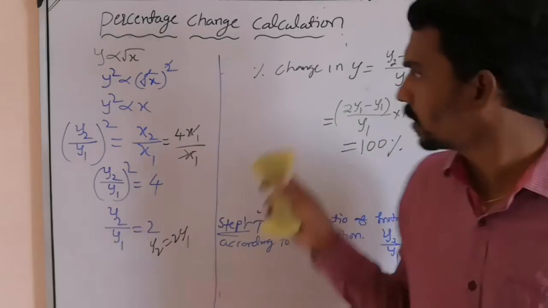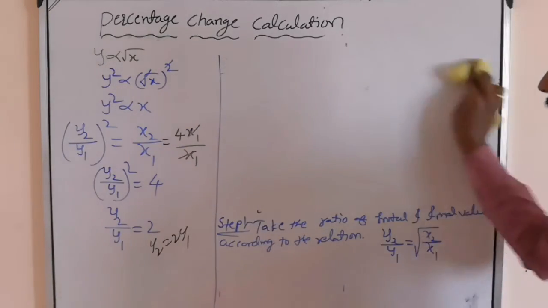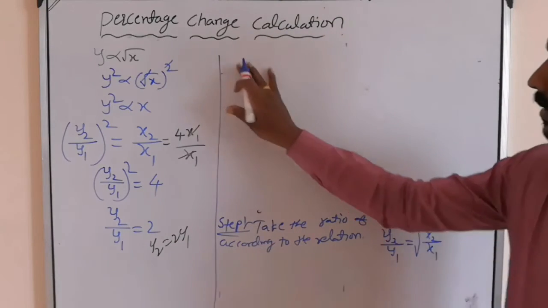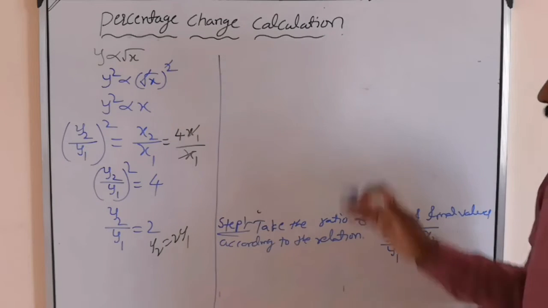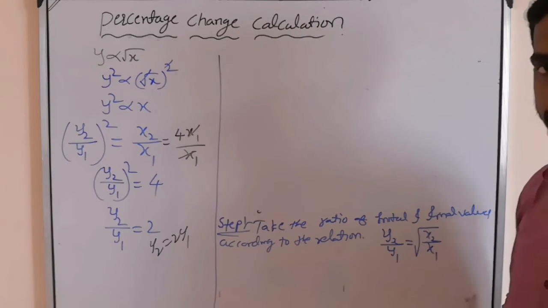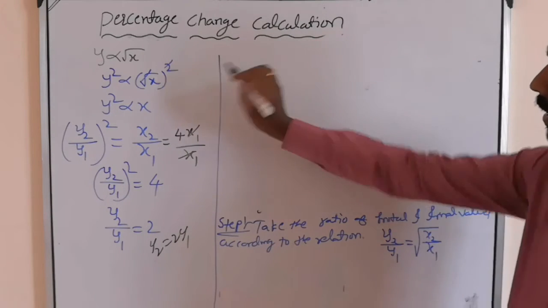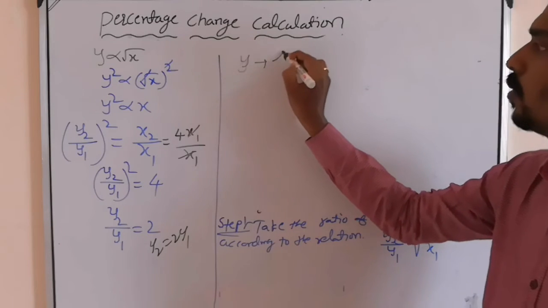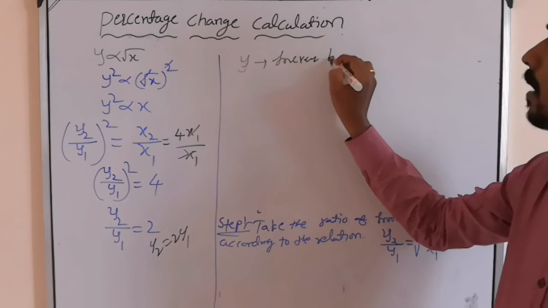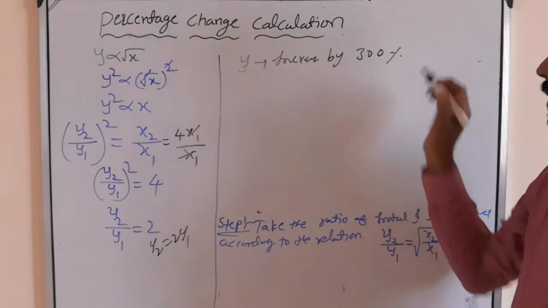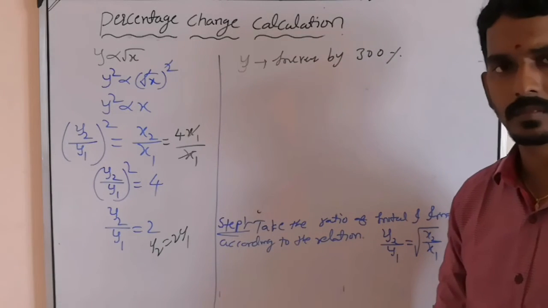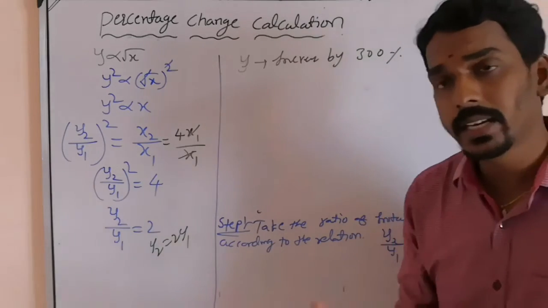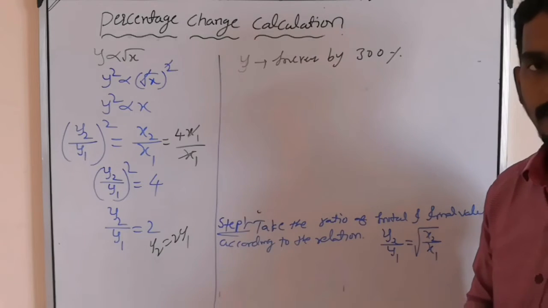Suppose in the same question they have given it in another manner. Let's take another way. See here, y now increased by 300%, they have given. Now they are telling y increased by 300%.